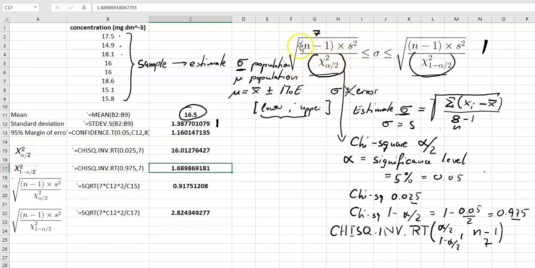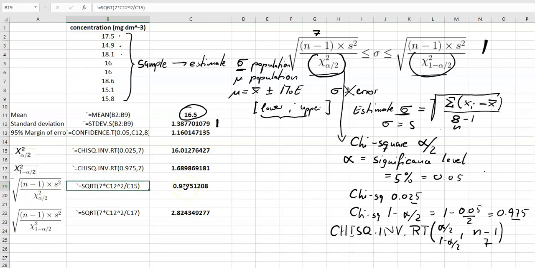So for the first part here, we do the calculation square root of n minus 1 times the variance, or s squared, that is this value that we've calculated here in cell C12, divided by the value that we've just calculated here, the chi-square value. So that would be our equation.